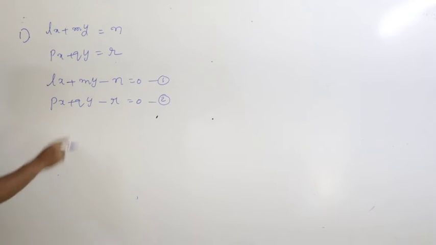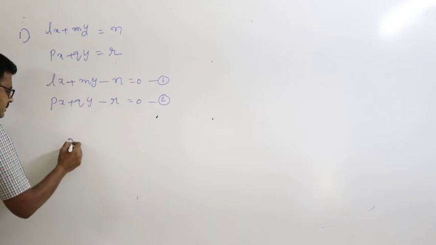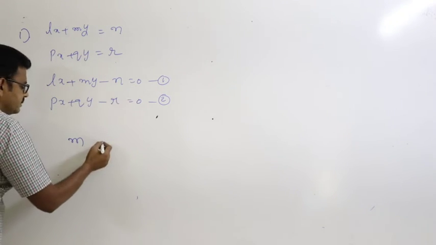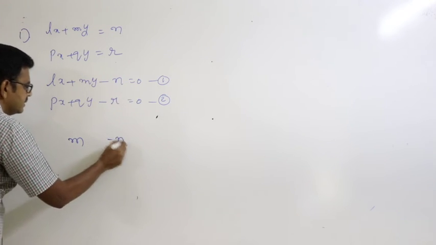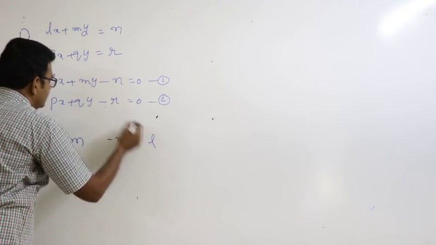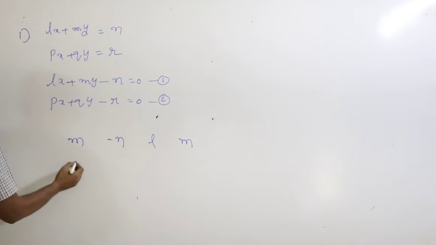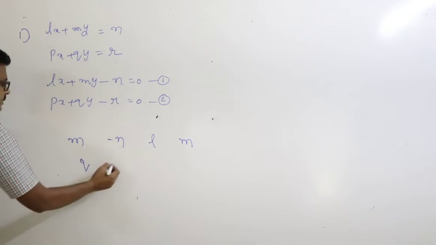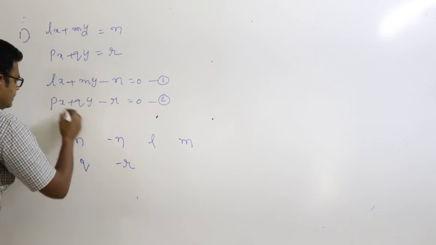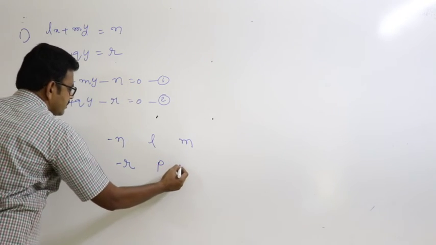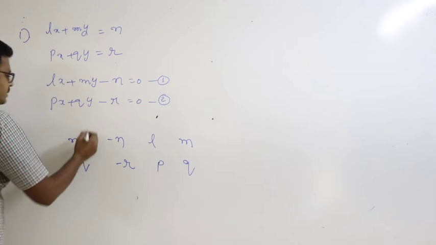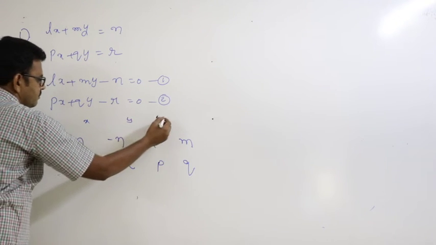Cross multiplication. Write the coefficient of y, m. Coefficient of that is constant minus n. X coefficient l, y coefficient m. Y coefficient q, constant minus r, x coefficient p, y coefficient q. So this is x, y, 1.